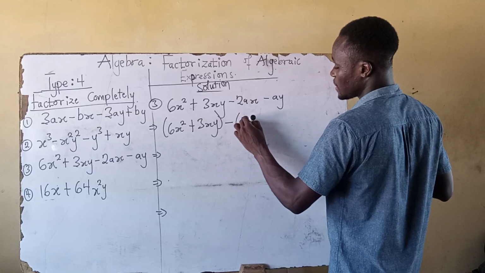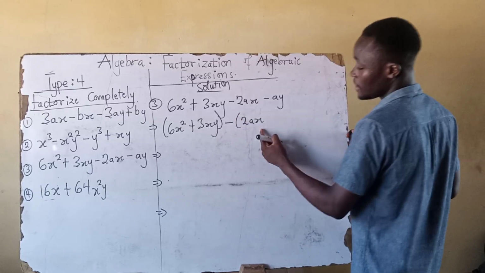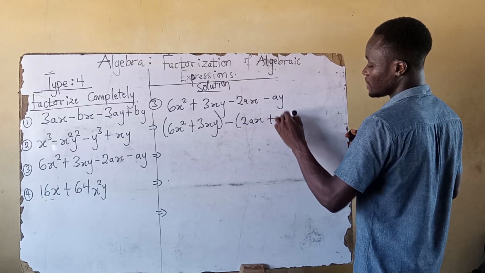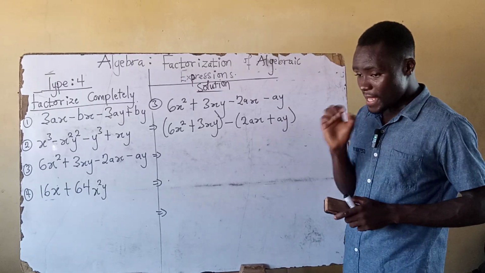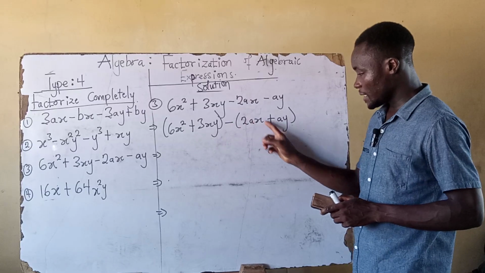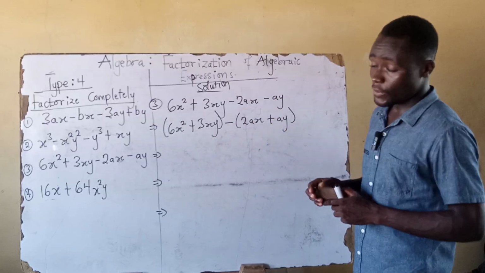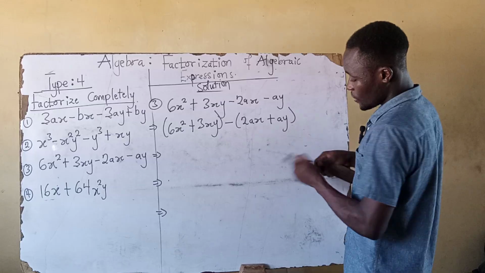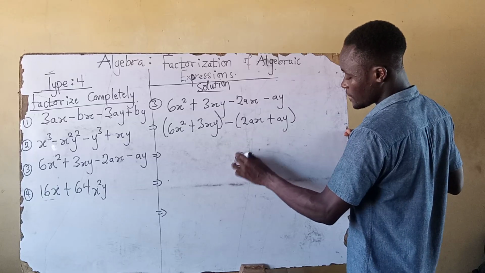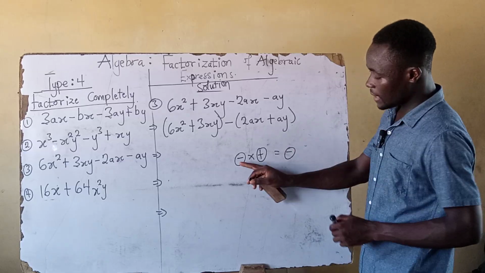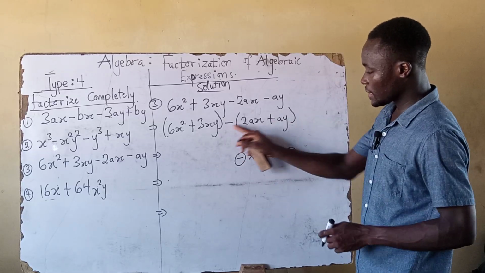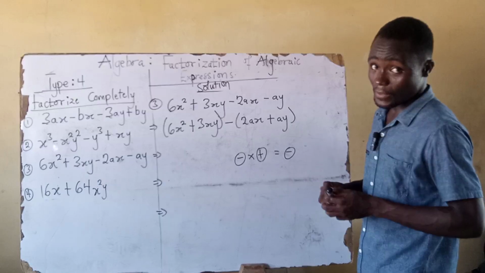So here becomes 2ax, and here becomes plus ay. Students mostly get it confused when they get to this side. Remember, when we use this negative sign to multiply this positive, we are supposed to get a negative sign over there. So that is why. So remember, negative times positive is negative, and this time this is negative over there. So we are clear with that.